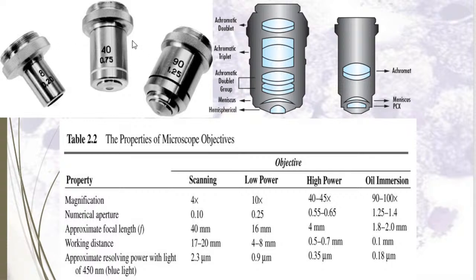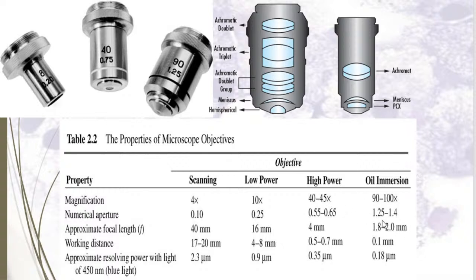Magnification is also characterized by numerical aperture. Numerical aperture is related to the diameter of the lens inside the objective, and we have seen that low power, 10 magnified, is ordinarily 0.25, higher power 40 to 45 is 0.55, 0.65.